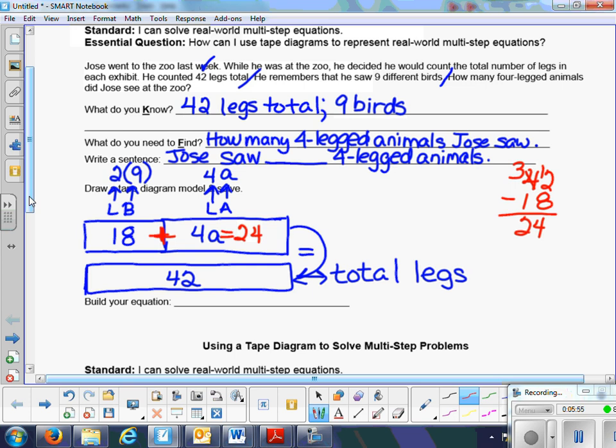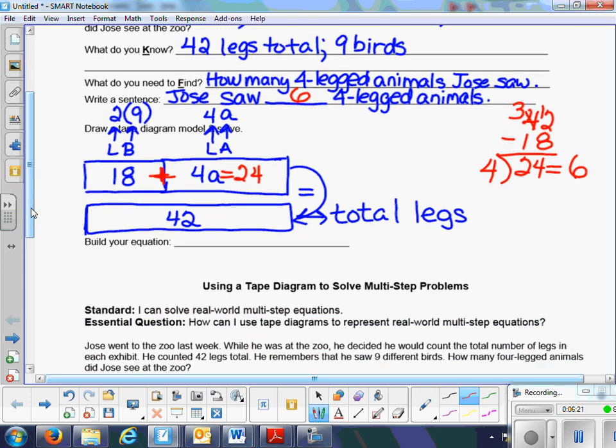That means that he saw 24 legs. We know that each of those animals had 4 legs, and we're trying to find out how many animals it was. So I need to do 24 divided by 4, and I know that is going to equal 6. That means that Jose saw 6 four-legged animals.